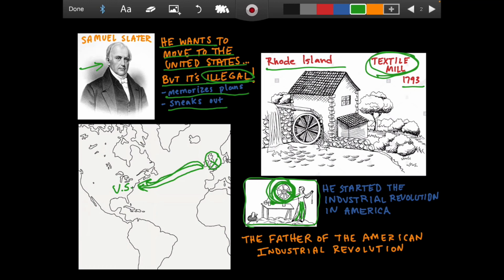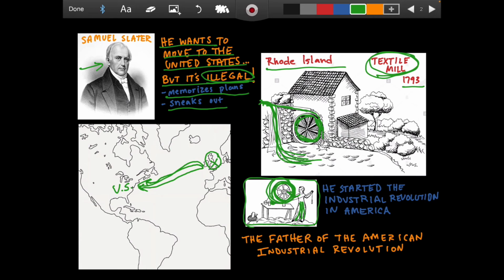Now, Rhode Island was the perfect place to start the first textile mill because Rhode Island has a lot of streams and rivers, a lot of water. And the way a textile mill would work is you need to find a place where water falls, because you're going to use the energy from a waterfall to turn the wheel. So we're going to harness this water, we're going to make it flow down, and it's going to actually make this wheel turn.